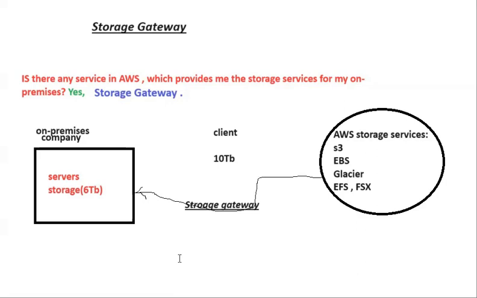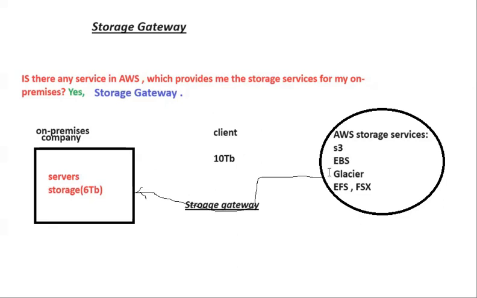Let's say I want to connect this S3 to my on-premise servers' storage. Then we can attach or mount S3 buckets to my on-premise by using which gateway? Storage Gateway.